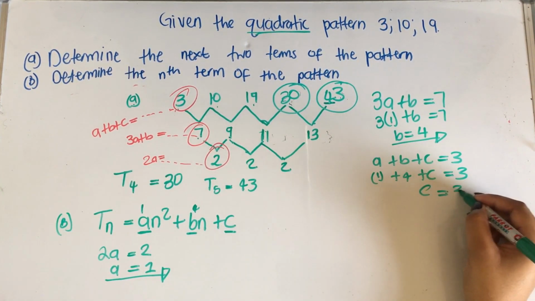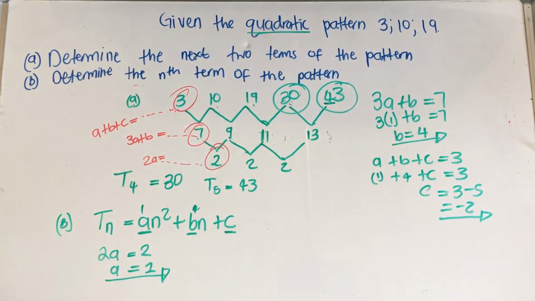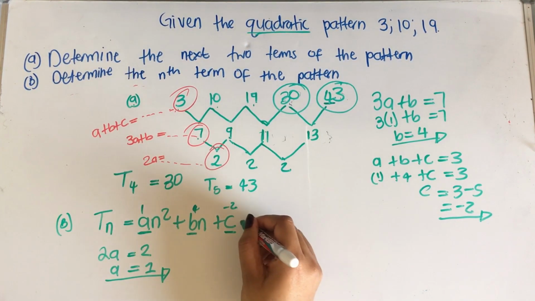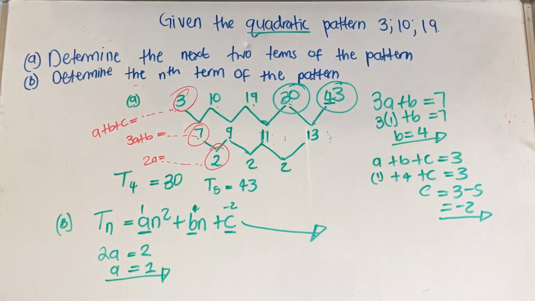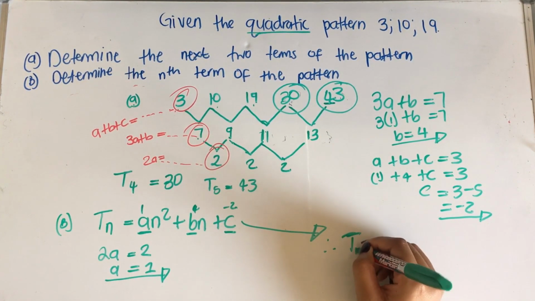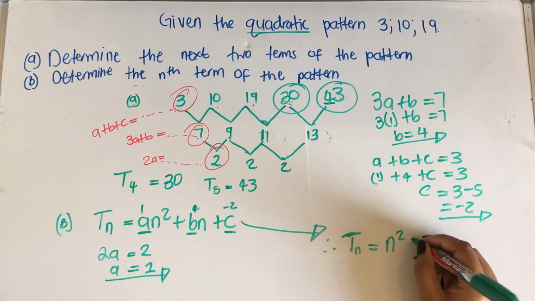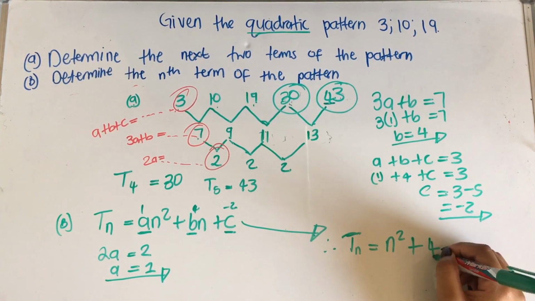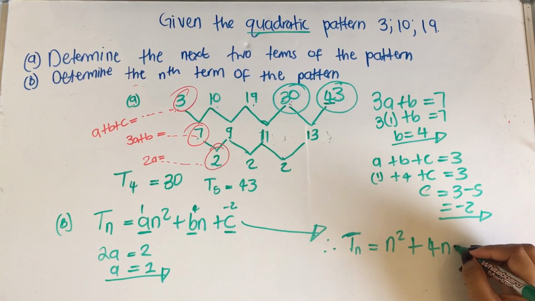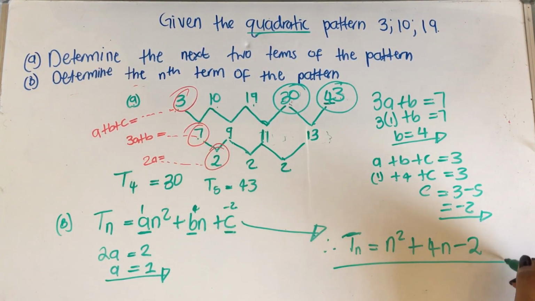C is equal to 3 minus 5, which is equal to negative 2. All right, negative 2. So now you just do the substitution. Therefore, my Tn is equal to n squared plus 4n minus 2, because my c is negative 2. There we go.